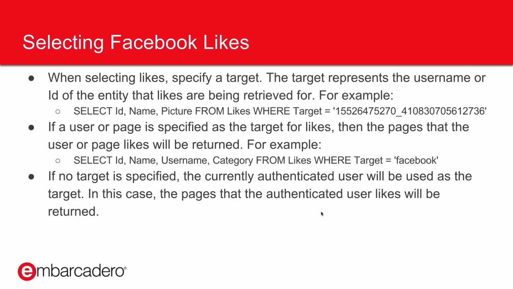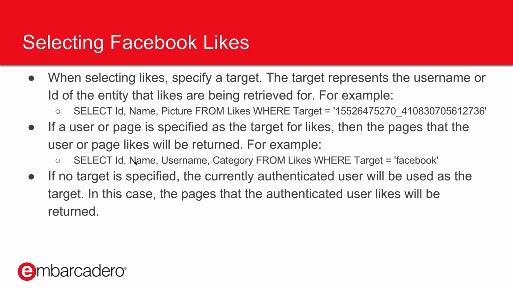When pulling likes, here, for example, is the likes on a certain target. So the target will tell you the username or ID of the entity. It'll give you all the likes for that specific target. And then if you don't specify it, then it'll give you all the likes for the currently authenticated user, where it says here.